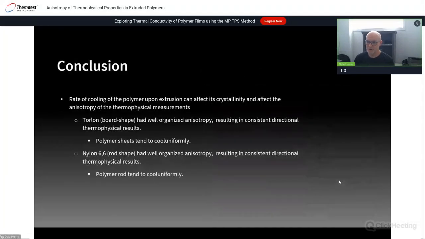Conclusion: the rate of cooling of polymer upon extrusion can affect its crystallinity and affect the anisotropy, and thermophysical measurements can demonstrate that. Torlon, being a board shape, has well organized anisotropy. That's why we get a fairly decent correlating value with a steady state method, which is absolute, meaning through the thickness from guarded hot plate and axial from the TPS lining up.